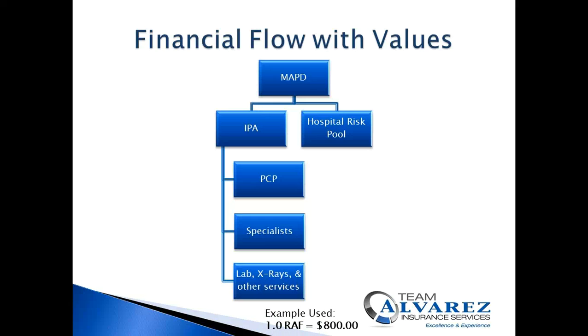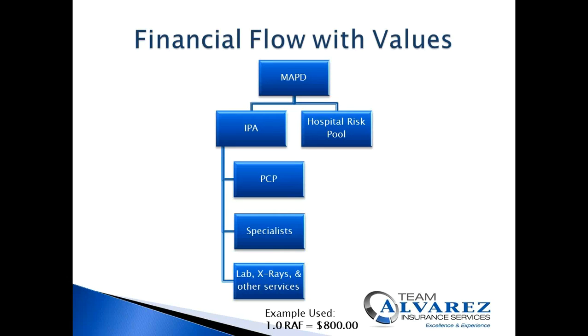So the example in this case, everybody strives for a 1.0 RAF score on average for all of their patient base. All right, and again, each plan has a different arrangement with Medicare based on what's referred to as a bid, but that's a separate conversation.